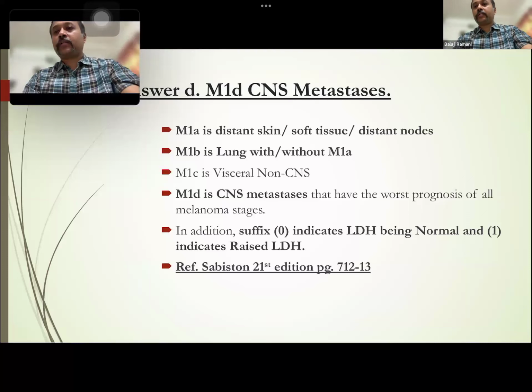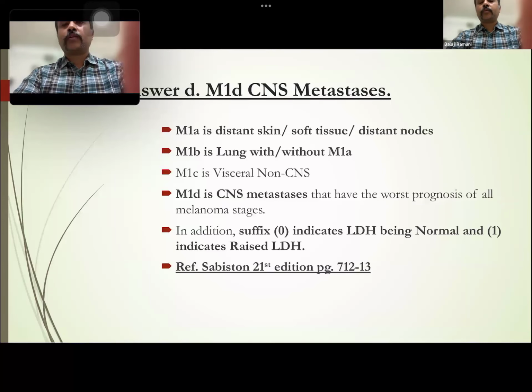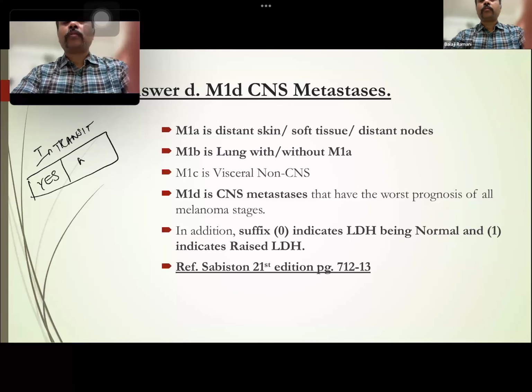Try to draw it here in a different place. So you have in transit alone. If it is no, then you look at the lymph nodes.